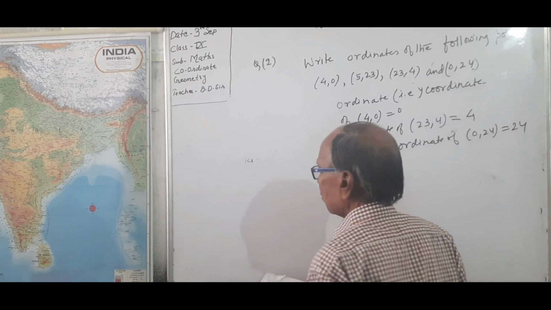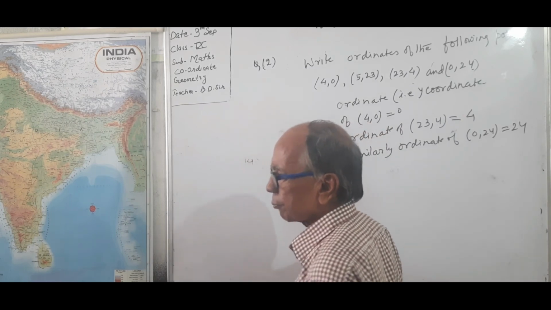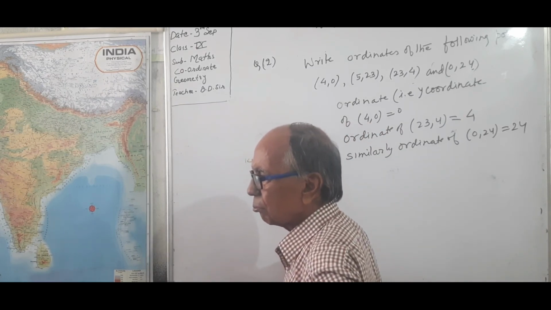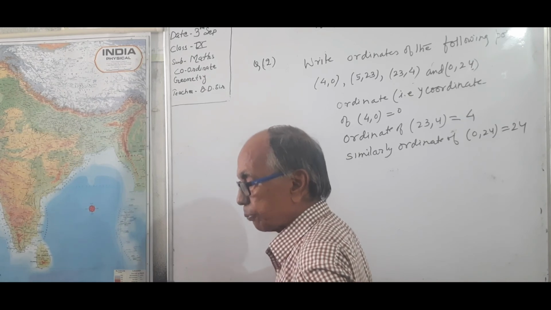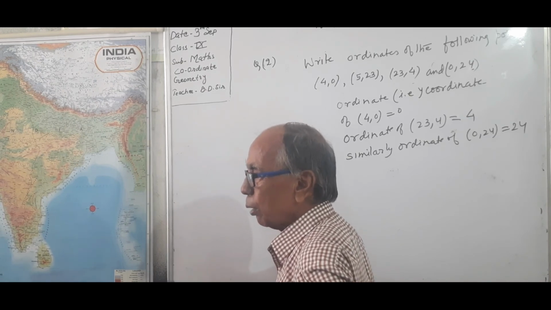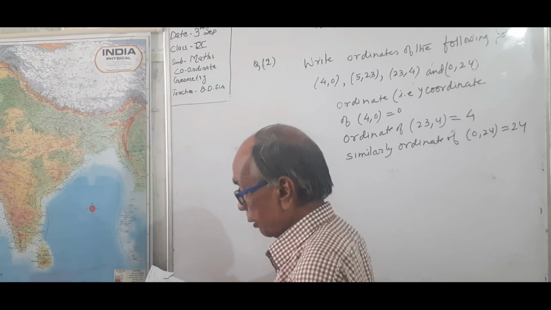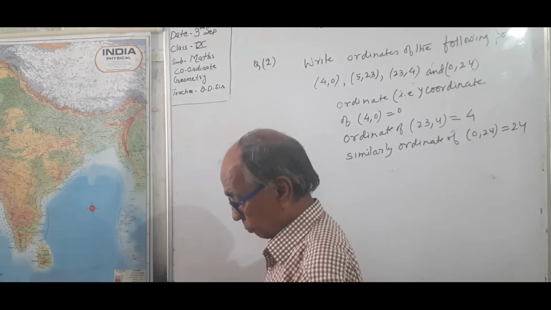So it is a very easy question. Mind it, the value of the x coordinate is called abscissa and the value of the y coordinate is called ordinate.